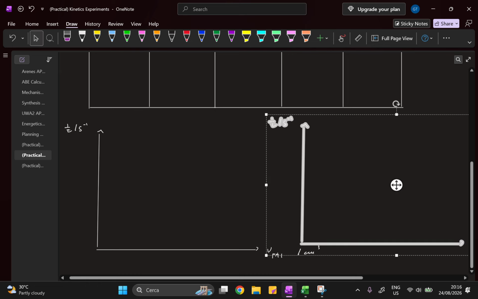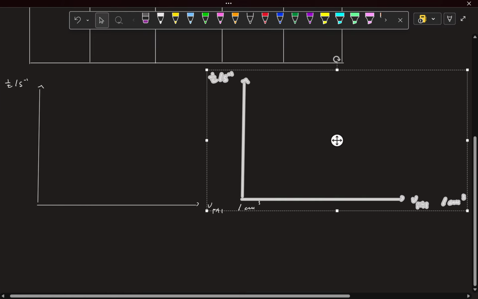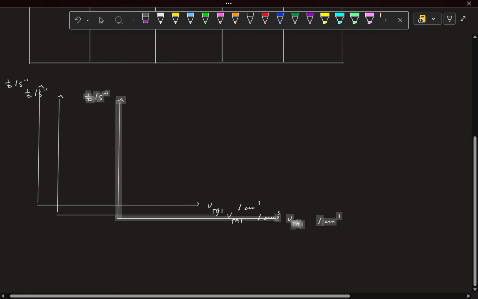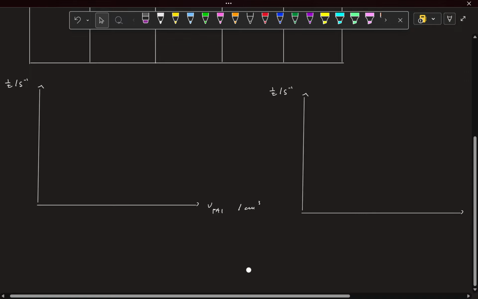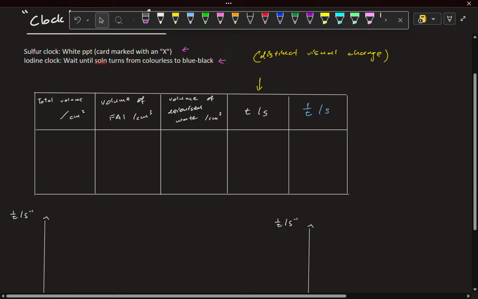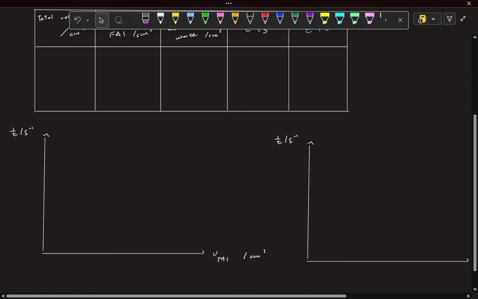Can you recall for me, if my reaction is first order with respect to the concentration of FA1, what does this graph look like? So what is 1 over t? Why do I need to add this additional column 1 over t? Because 1 over t ultimately is a measure of rates.